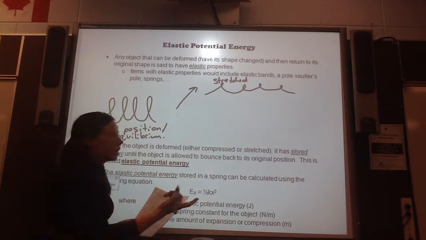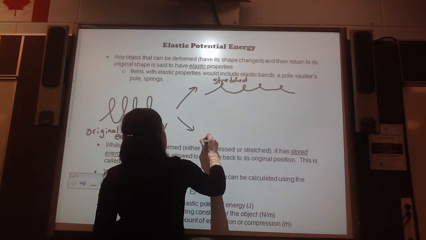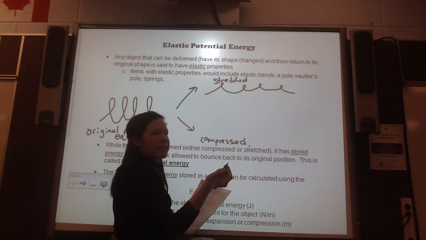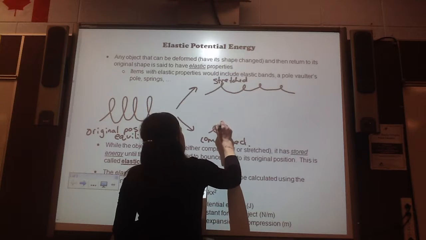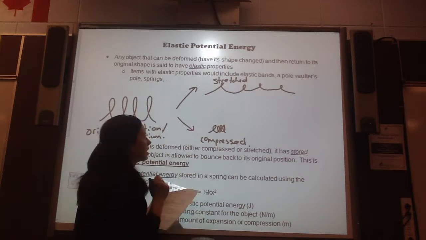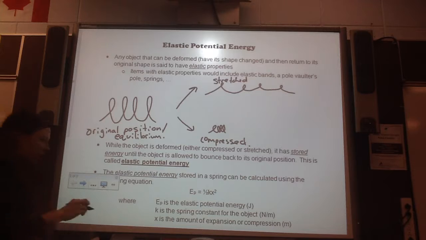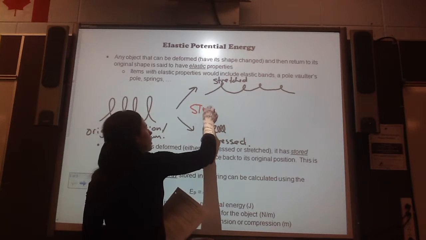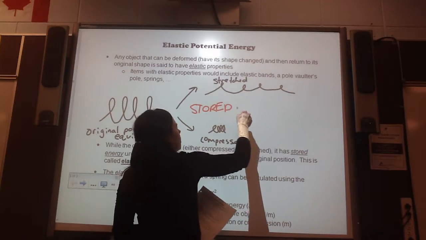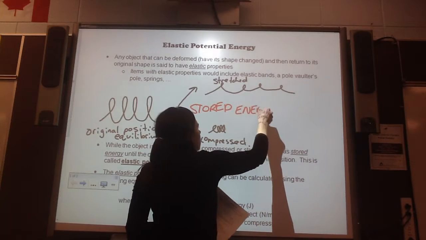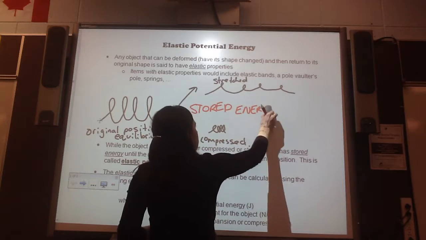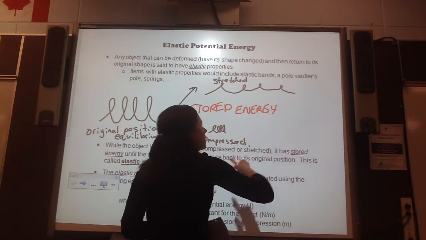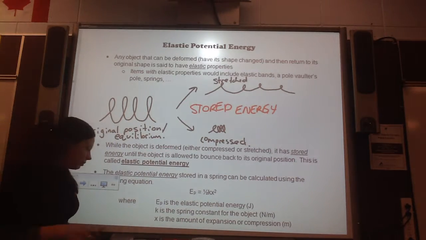Now for some springs, you could compress it even more. We can't really compress that slinky much more, but some springs you can. Both of these states are stored energy. Both of these are kind of our potential energy.